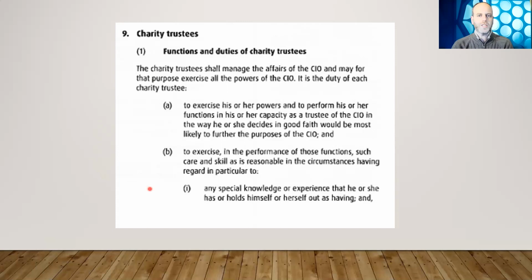But in particular, there's an extra bit at the bottom here. If you as a trustee have a particular skill set, so let's say, for example, you're a bookkeeper or an accountant, that means that the charity expects you, and you are legally obliged as a trustee, to use those skills in your role in supporting the charity on its board.